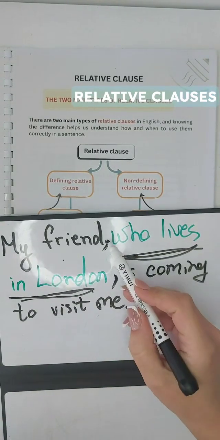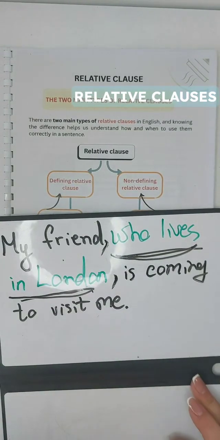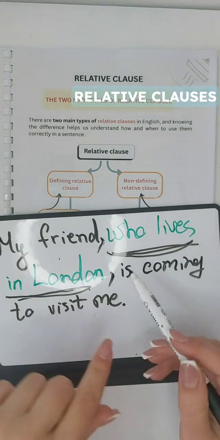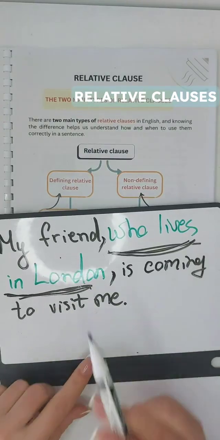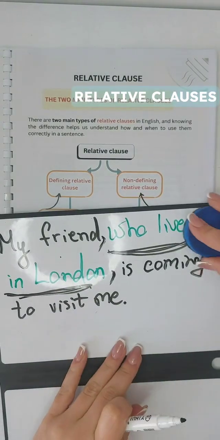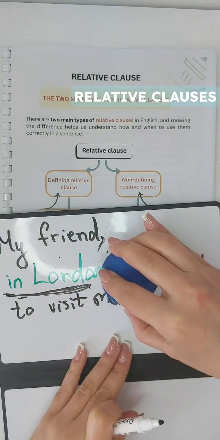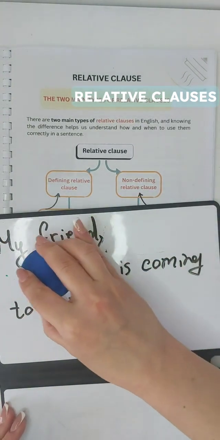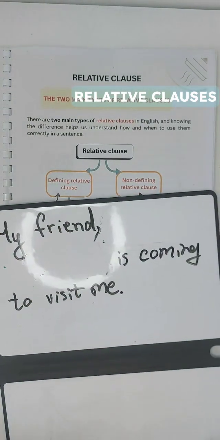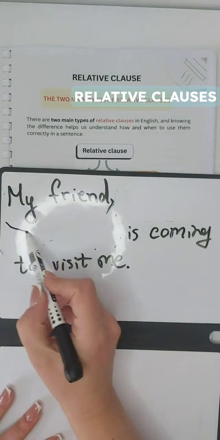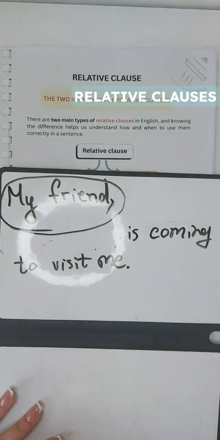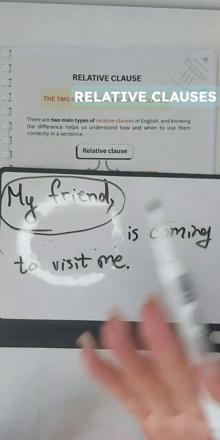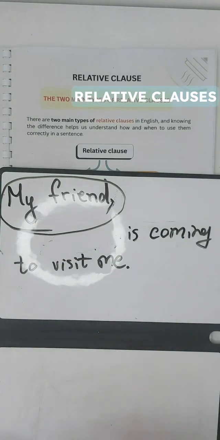When we have commas in the sentence, it shows us that this information is not essential. Even if I remove this information, it still makes sense. That is, the friend is already identified. I'm just telling you that he or she lives in London.